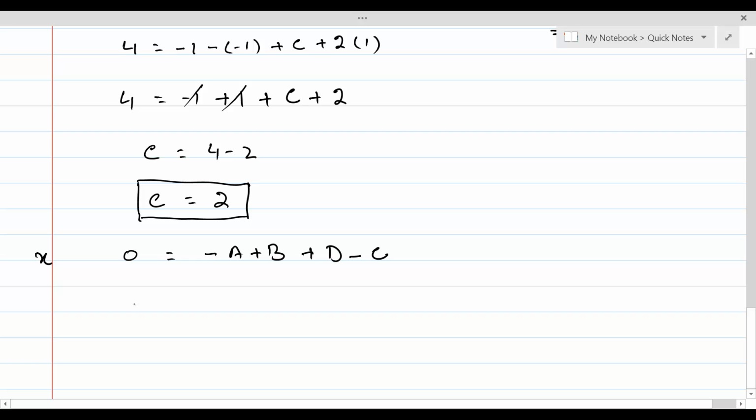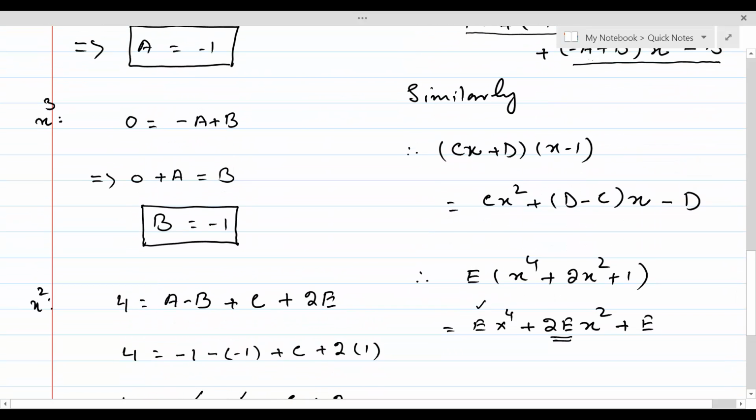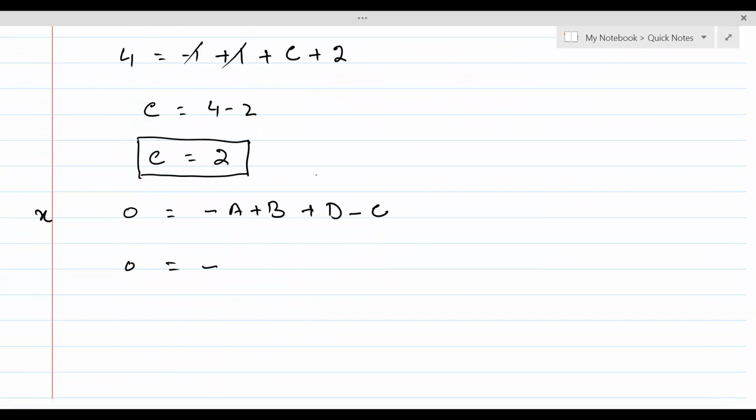Now if we take the values of A, B, and C and put them in this equation, 0 is equal to minus A, which is again -1, plus B, which is -1, plus D, which we don't know, minus C, which is 2.